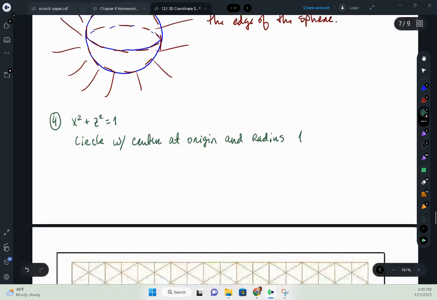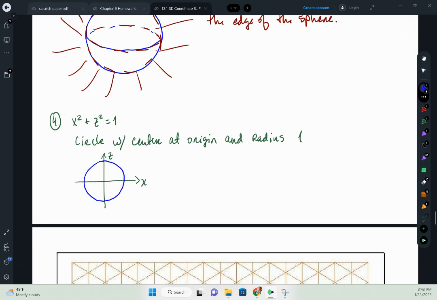Now I'm going to try to draw it. That's what's going to be a little weird. I'm going to draw a 2-dimensional axis with the horizontal axis being x and the vertical axis being z, not y, but z. And I'll draw a unit circle on here. Now, I want to translate this to what happens when I have a y-axis on here. So this is in 2D.